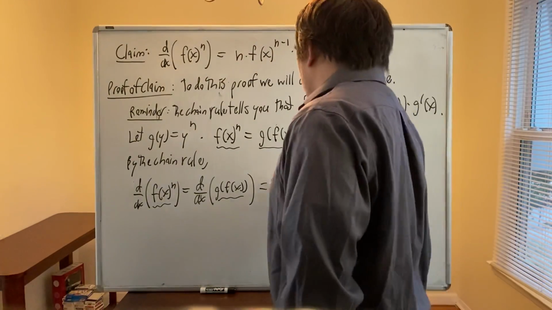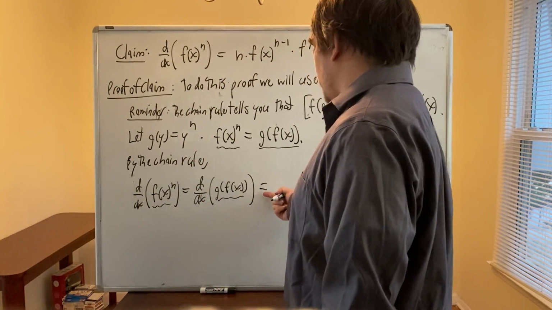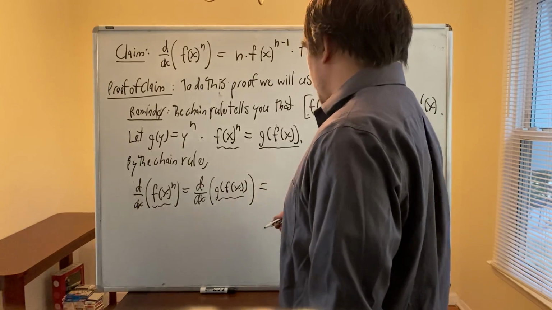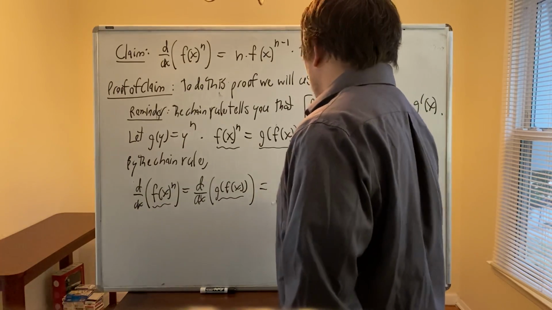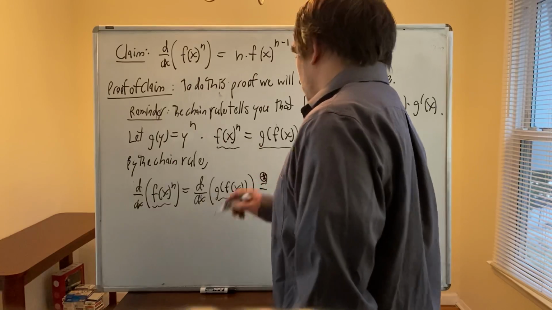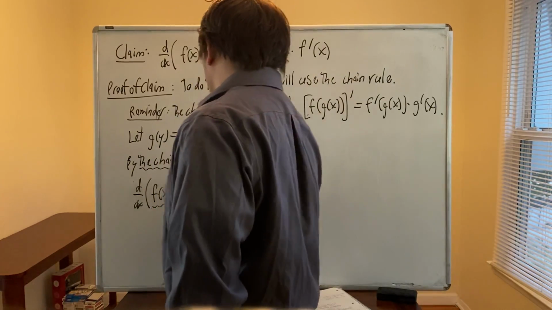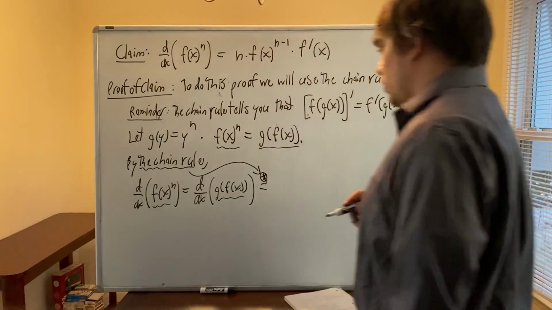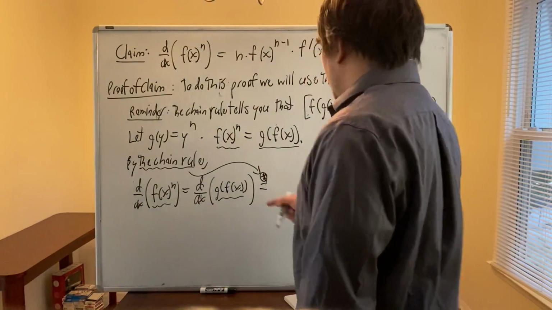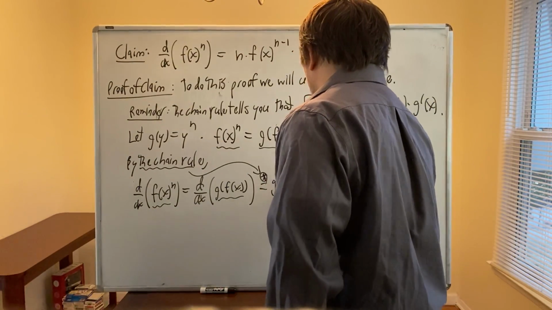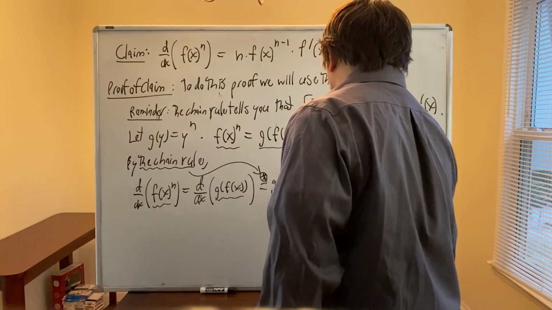Now d/dx of g of f of x, by the chain rule, I'm applying the chain rule to this equal sign. Okay? So I'm going to put a star here, because the star is the chain rule. So I'm applying the chain rule for that equal sign. And so this is equal to g prime of f of x times f prime of x.